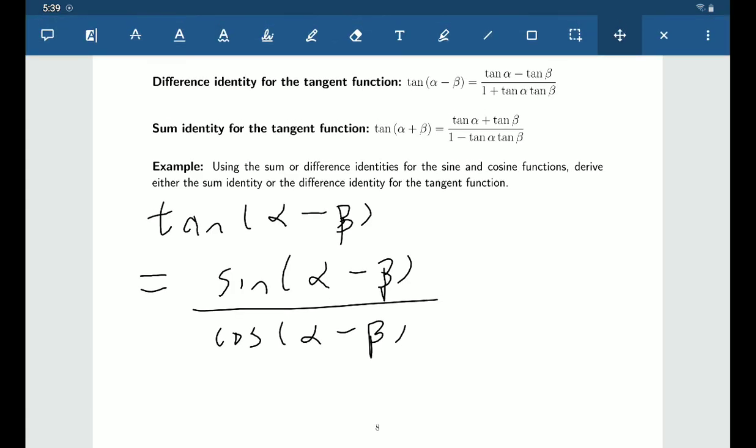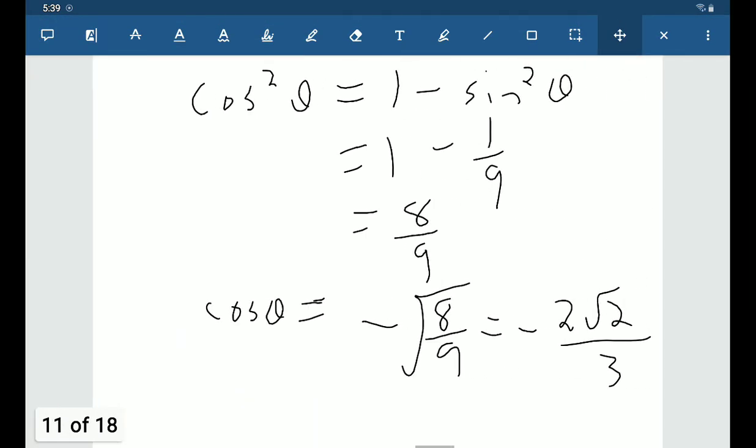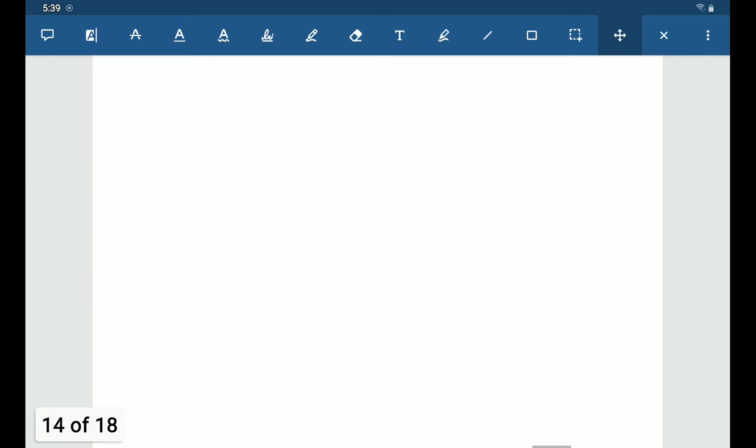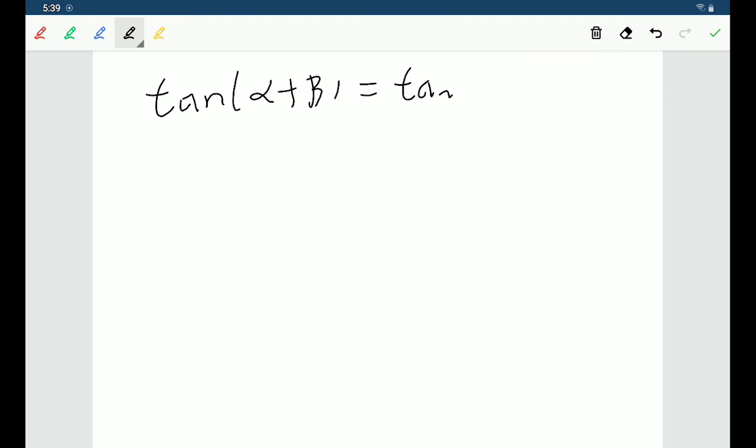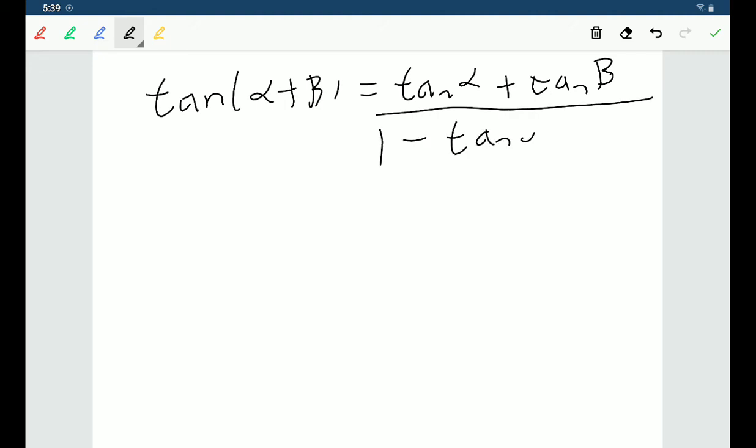So let's get going. We want to find tangent of alpha plus beta. And that's tangent of alpha plus tangent of beta over 1 minus tangent of alpha, tangent of beta.